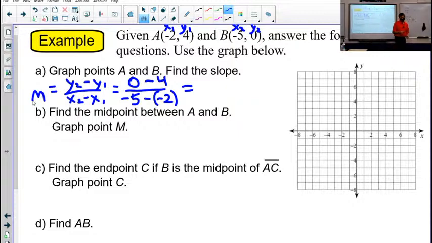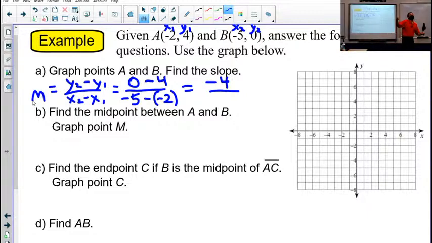So we're going to end up subtracting a negative 2. We should have two negative signs there because we're subtracting whatever that coordinate is, and it turns out that the coordinate we're subtracting is negative. Equals 0 minus 4, that's a negative 4.